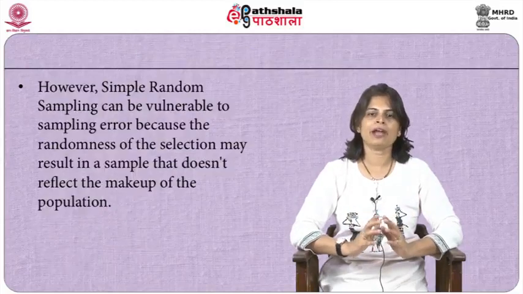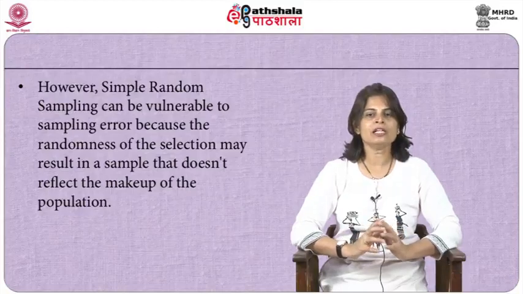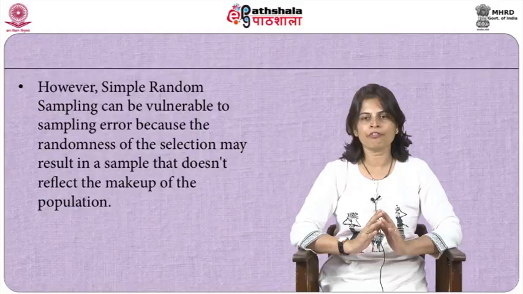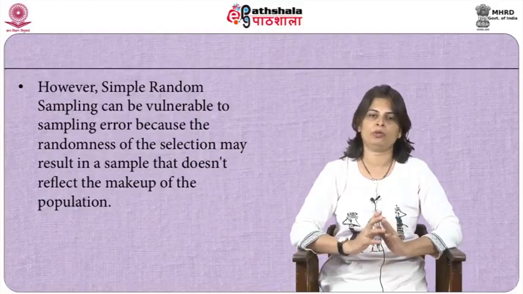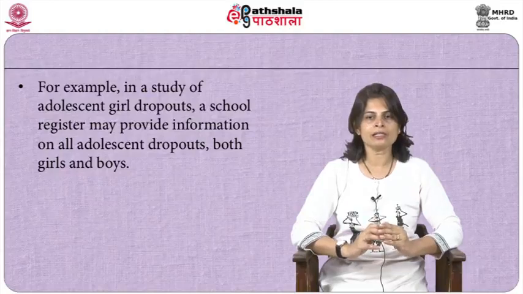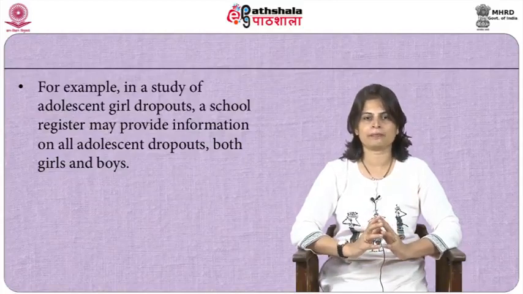However, simple random sampling can be vulnerable to the sampling errors because the randomness of the selection may result in a sample that does not reflect at all the makeup of your population. For example, in a study of adolescent girl dropouts, a school register may provide information on all the dropouts, both girls and boys.